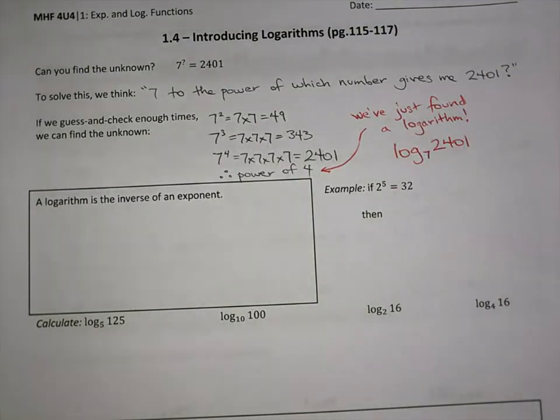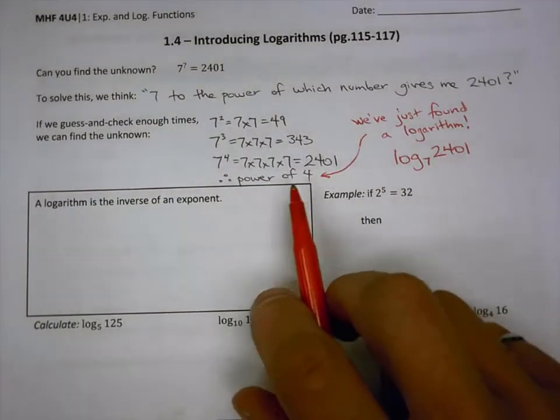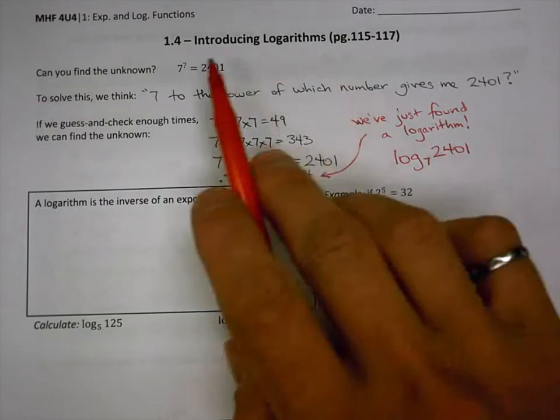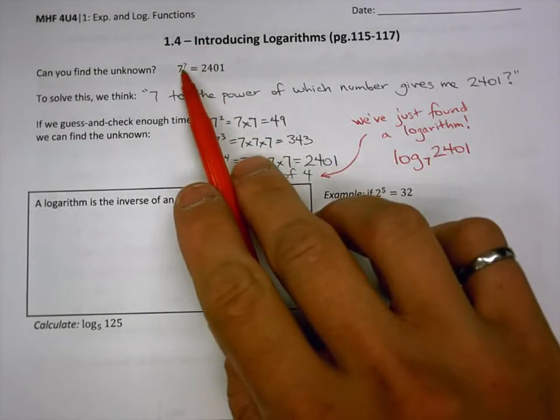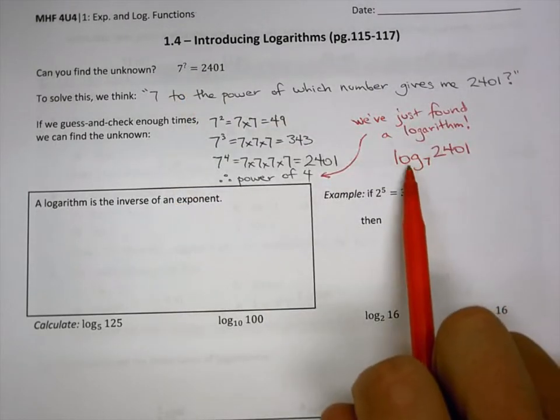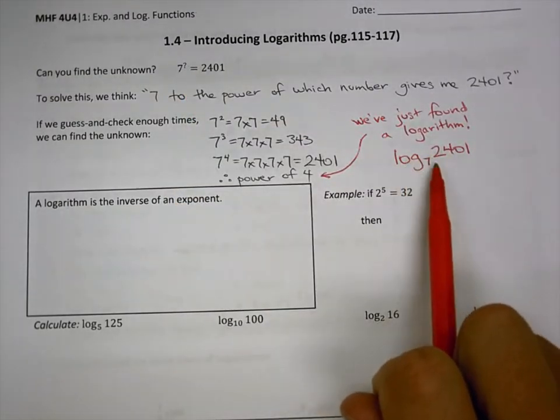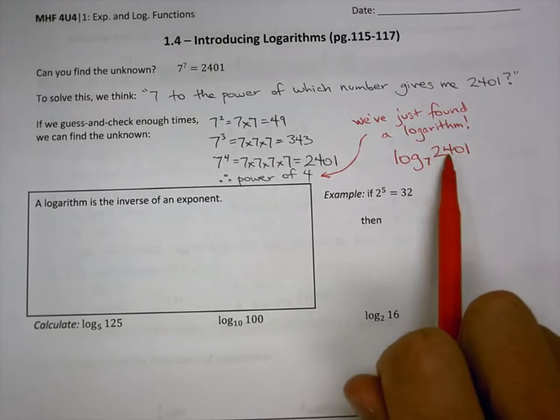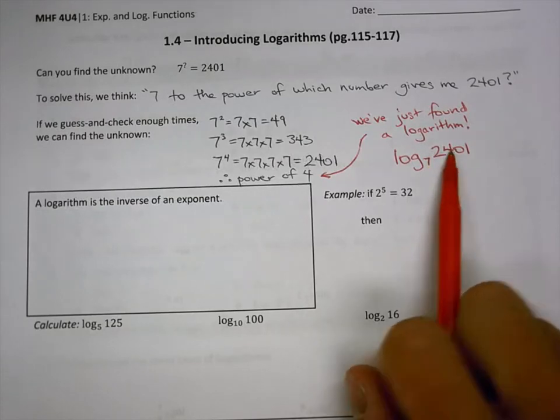So logarithm, this really exciting sounding word, is really just a way of solving an exponent where we don't know what the power is. We're finding what number to the power of 7 gives me 2,401.